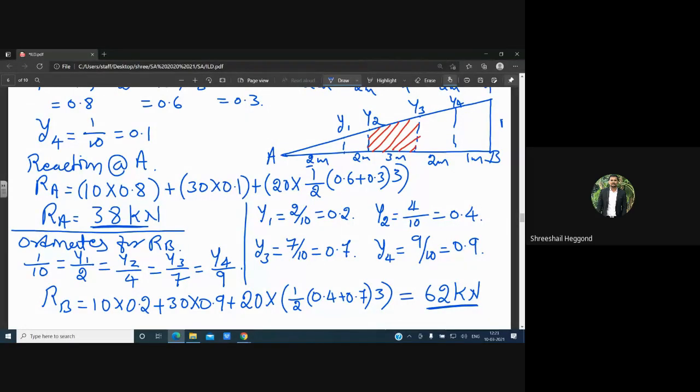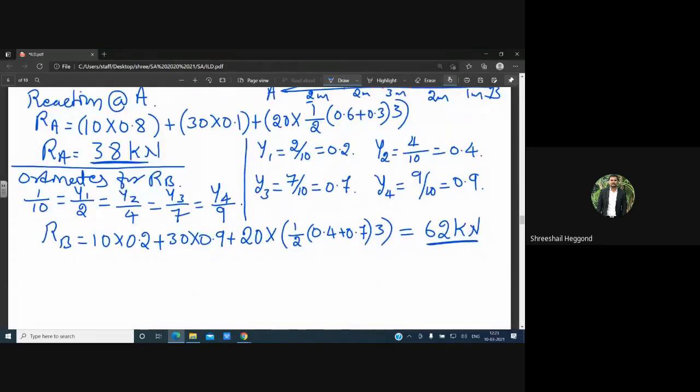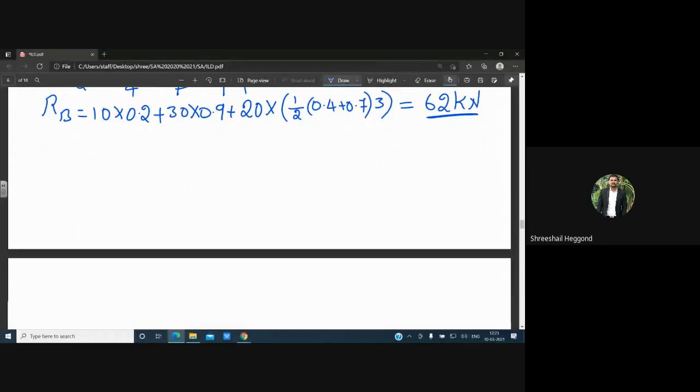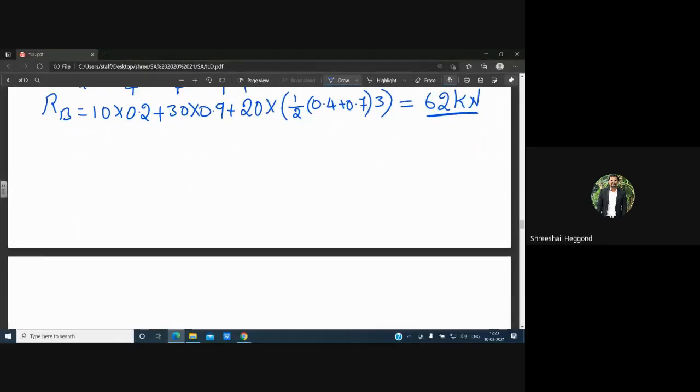So I can draw the diagram for ILD as points A, B, C, D, E, and F. Thus, as for D point, the diagram remains like this.